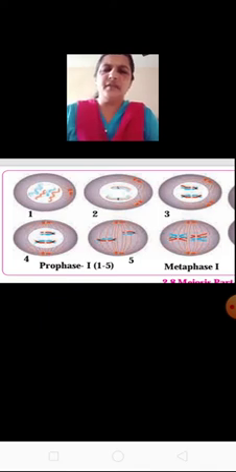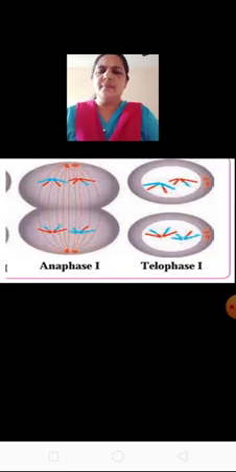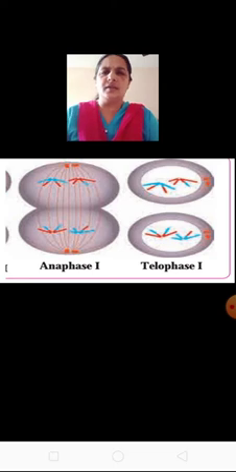After this, in the metaphase, spindle fibers will be formed in the same way. All these chromosomes will be arranged in the equatorial plane. You can see in the anaphase, slowly it starts dividing. The spindle fibers pull the whole chromosome. That means the centromere does not divide over here.